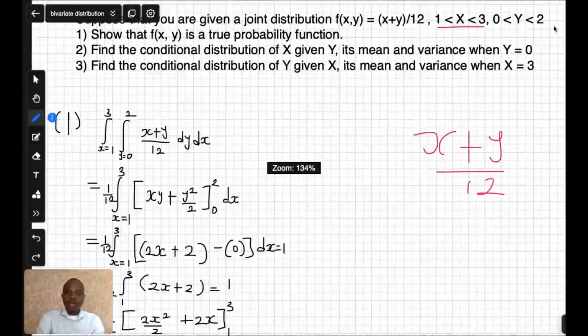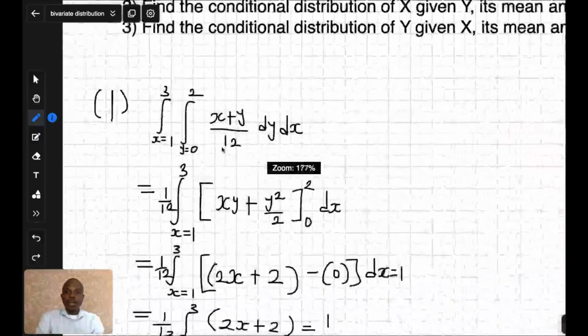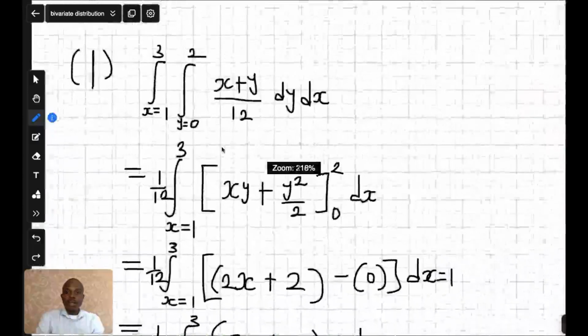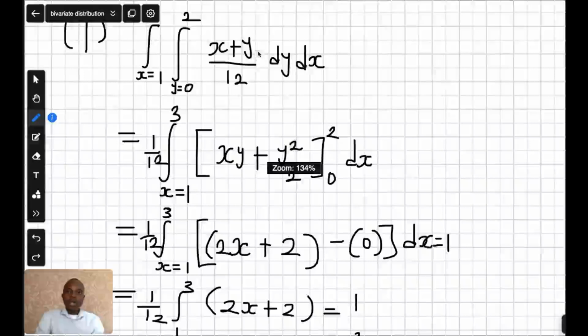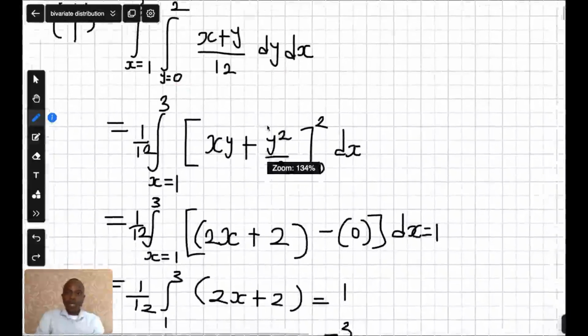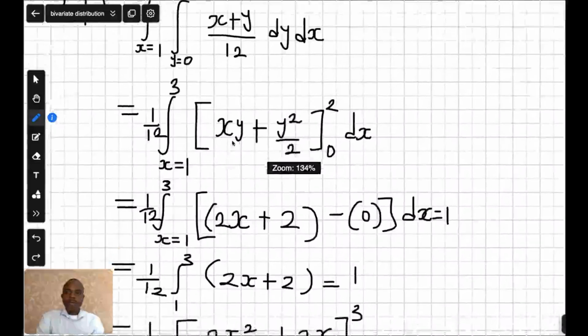When we do the double integral, the first time we are integrating, our concern is y, because y is the inner one. So we'll take care of y first. We bring 1 over 12 outside, and we are going to have xy plus y squared divided by 2.